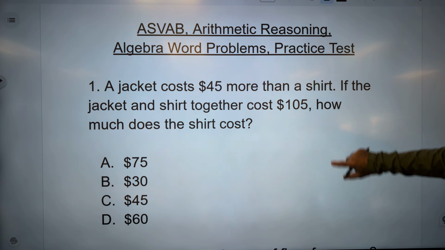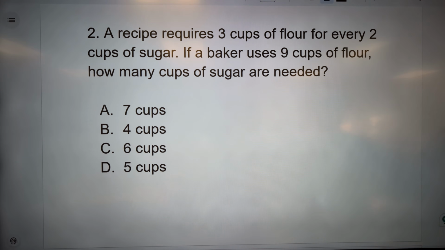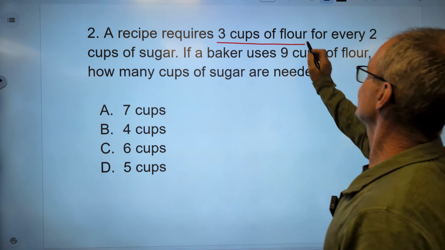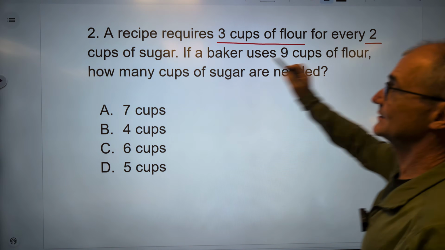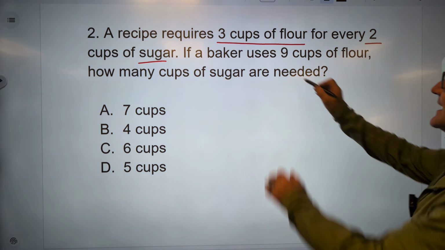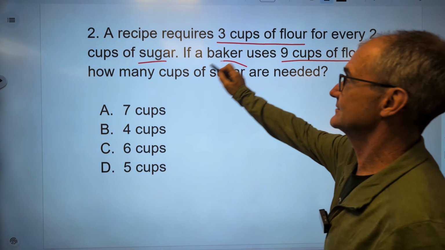All right, let's do another problem, problem number 2. Again, pause the video, do the problem, unpause the video, watch how I do it. A recipe requires 3 cups of flour for every 2 cups of sugar. If the baker uses 9 cups of flour, how many cups of sugar are needed?